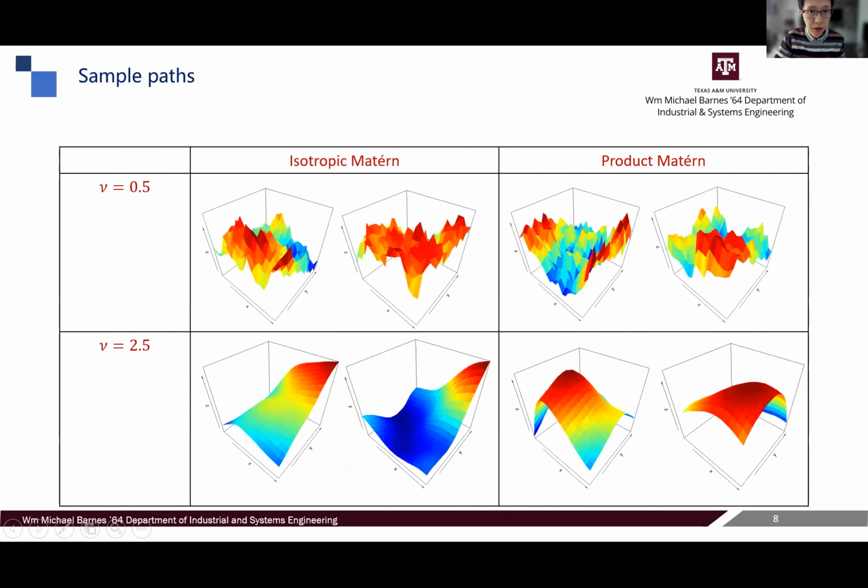That's a one-dimensional example. We also have two-dimensional examples. You can see two-dimensional rough functions and two-dimensional smooth functions. So the GP can actually be defined in an arbitrary dimension. I just show you some simple ones which we can visualize directly.